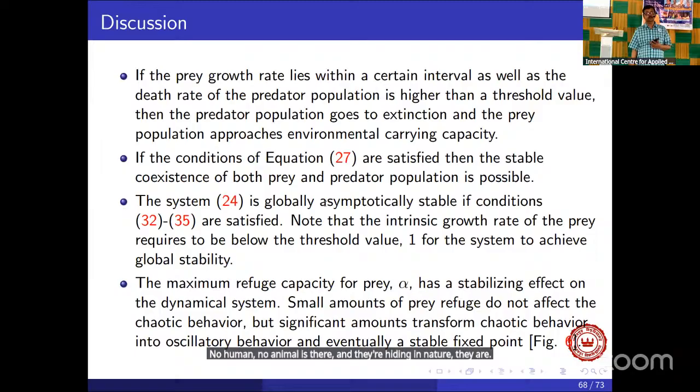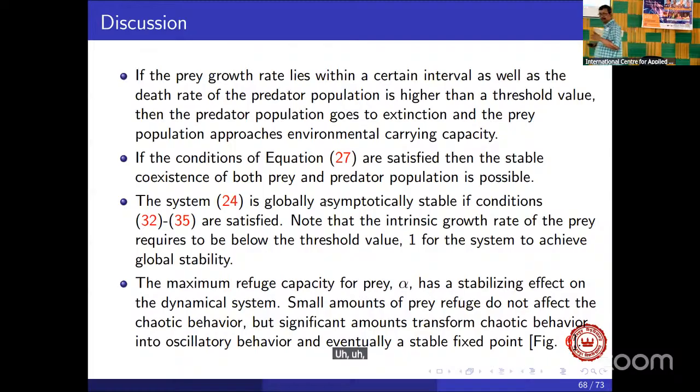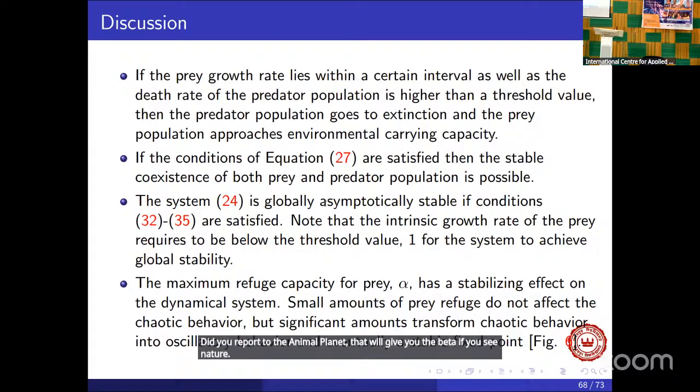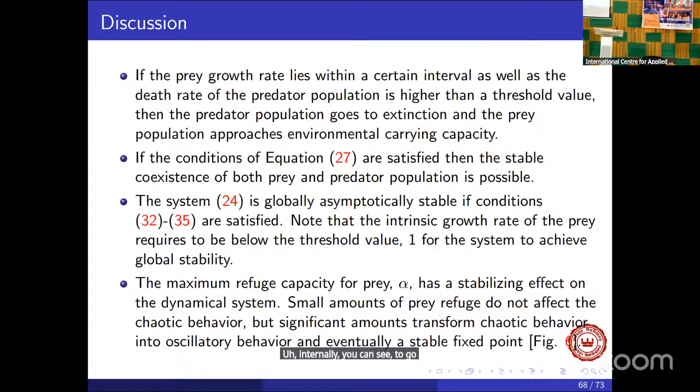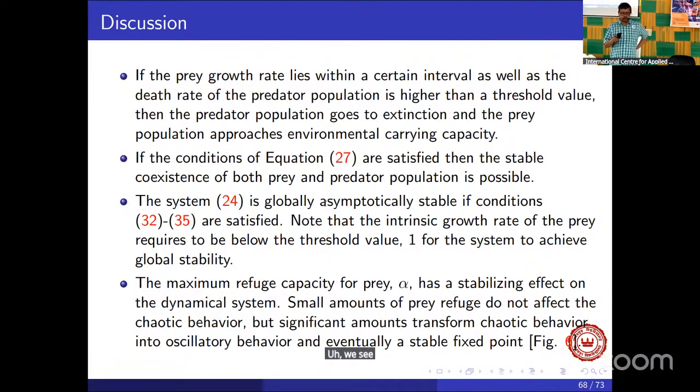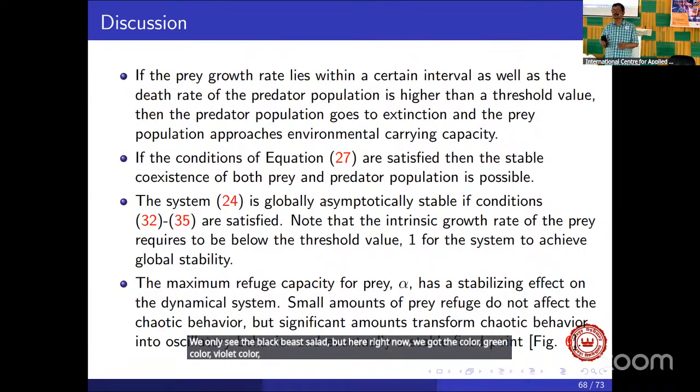They take refuge there. If you go to Animal Planet, that will give you a better view of refuge in nature. In a coral reef, you can go to any coral island in Australia, there is a coral reef with many separate colors. We were in Australia and saw that the fish are of different colors, just like the coral. We only see the blackish color, but actually there are pink, green, violet and other colors. Why?